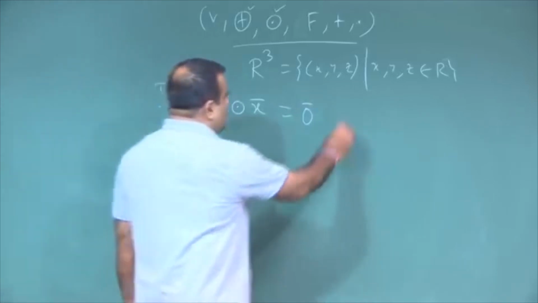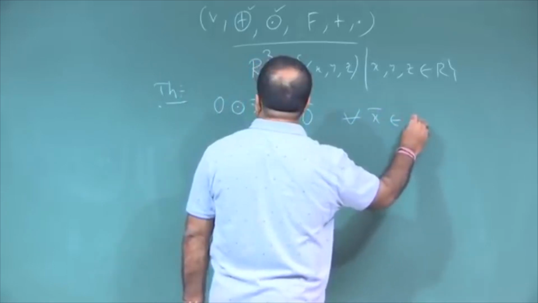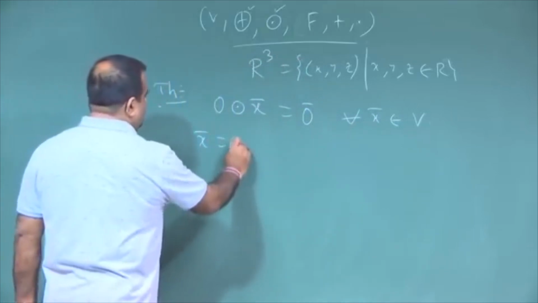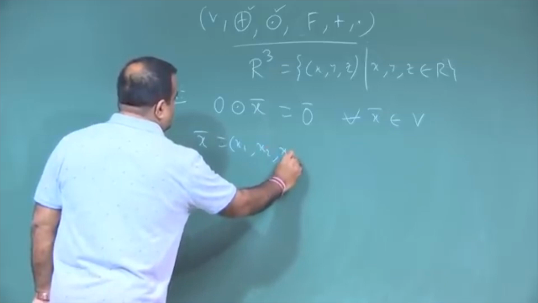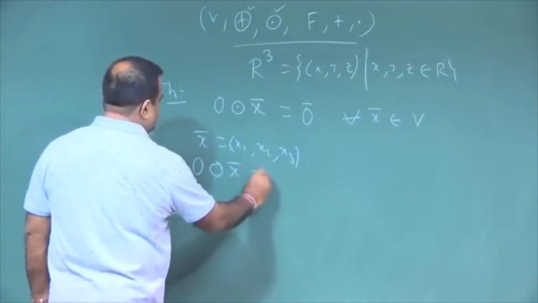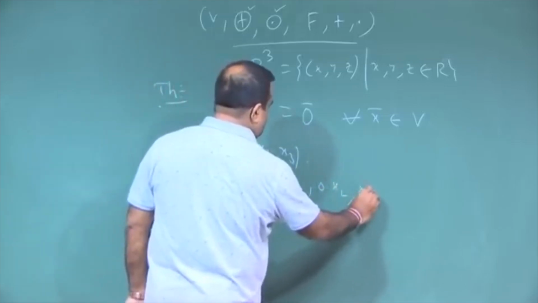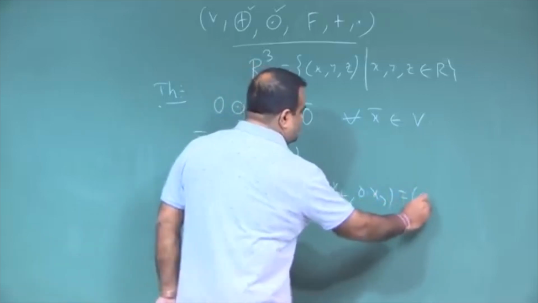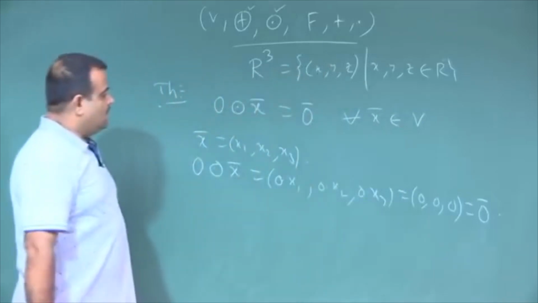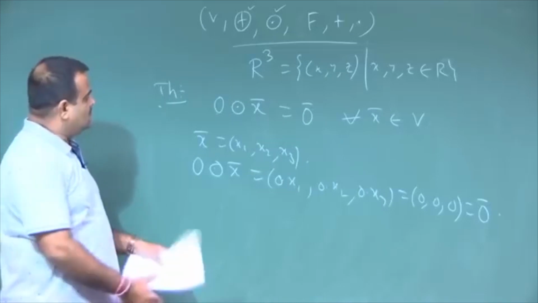This is true for all x belonging to V. This is in general, but if you take this example, say x = (x1, x2, x3), then multiplying with 0 gives (0·x1, 0·x2, 0·x3), which is basically (0, 0, 0). So this is the 0 vector.